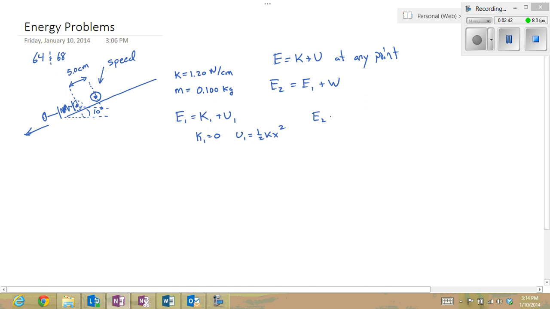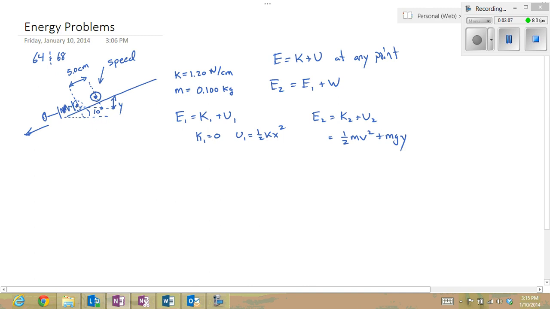E2 is equal to K2 plus U2, and K2 is going to have some kinetic energy because the ball is going to be moving, and it's going to have some potential energy. It's no longer going to have any spring potential energy, but it is now a distance y above where it started. So it's going to have gravitational potential energy mgy.